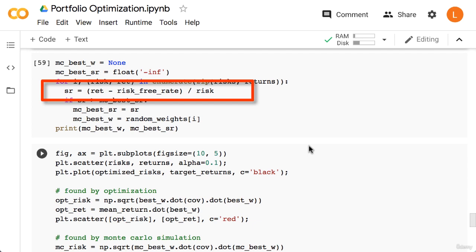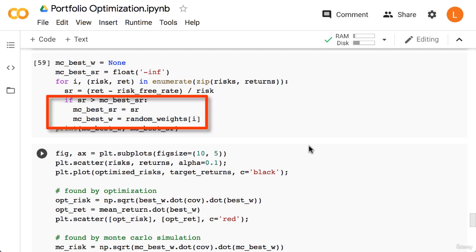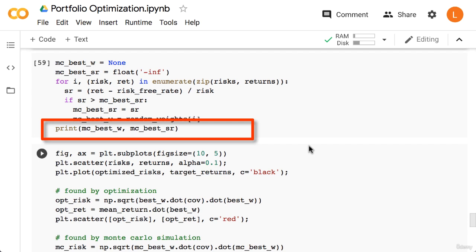Next, I'm going to calculate the current Sharpe ratio, SR, which is the return minus the risk-free rate divided by the risk. Next, I check whether this new Sharpe ratio is better than the best Sharpe ratio we have found so far. If it is, we save this Sharpe ratio, and we save the corresponding weights. When we're done, we print the best weights, and we print the best Sharpe ratio.